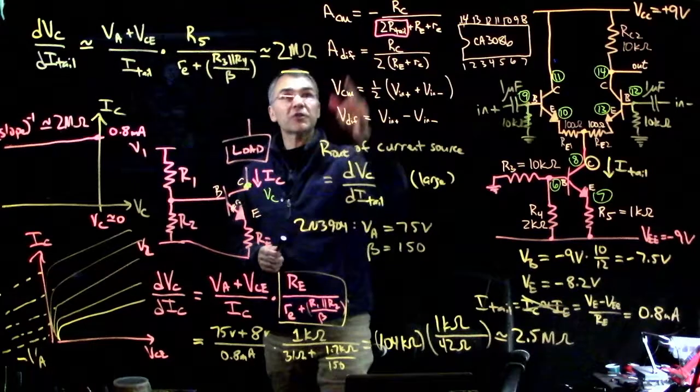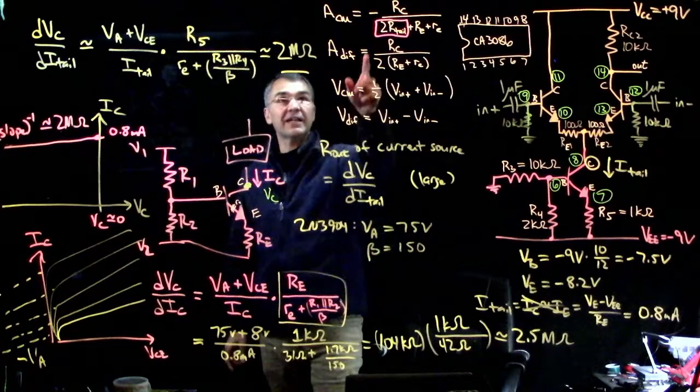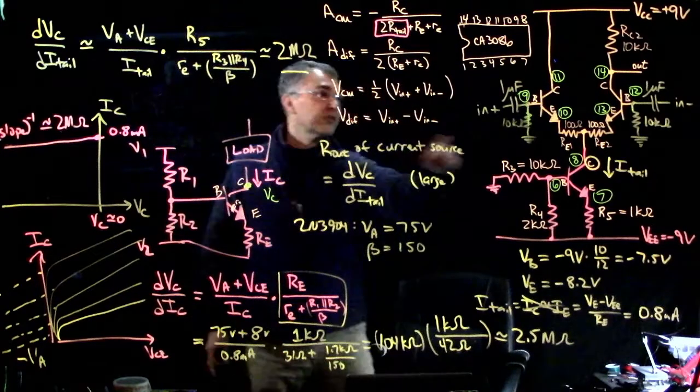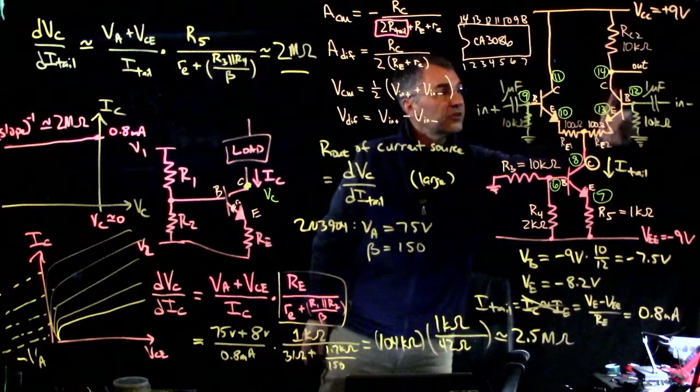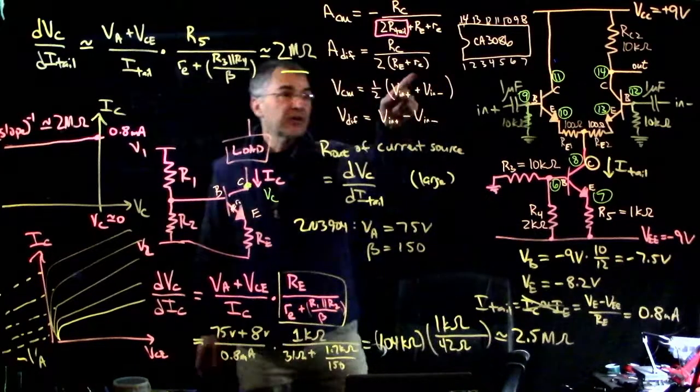Okay, what do we expect now for the common mode gain? So we really didn't change the differential gain. The only thing we could have changed that would affect the differential gain is if we changed the quiescent current through these two transistors, we would have changed little re a tiny bit.